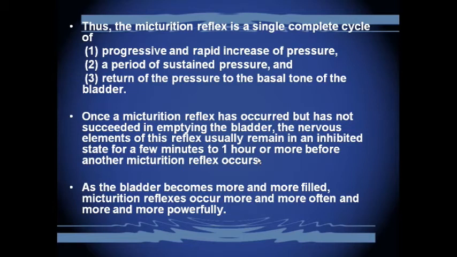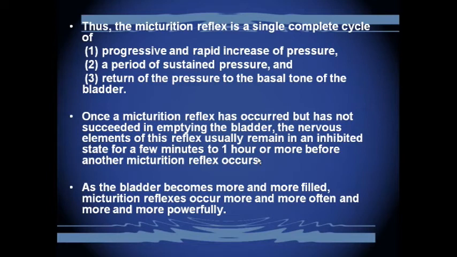Like, if we are having a sensation of passing urine and we suppress it, we can wait for a few minutes to an hour, depending on the volume of the bladder, before the next micturition reflex gives us a signal again to pass urine. As the bladder becomes more and more filled, the micturition reflex becomes more frequent and more powerful.